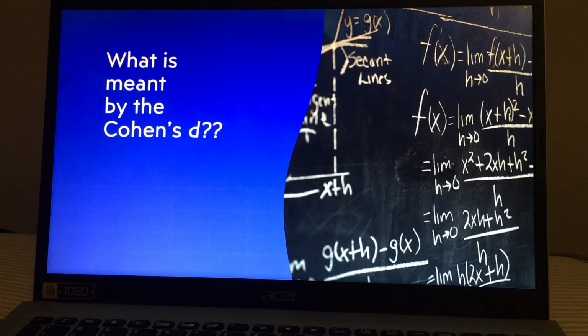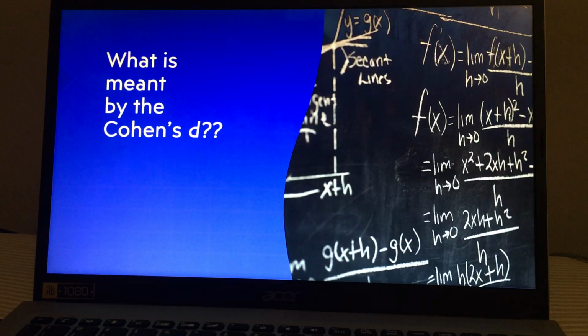Jacob Cohen suggested a rough guide for interpreting Cohen's d, or the little d, and we can see that on page 20 in table 9.1. Here's a very rough guide to interpreting Cohen's d. If your Cohen's d is about 0.2, the rough interpretation is that there is a very small effect.